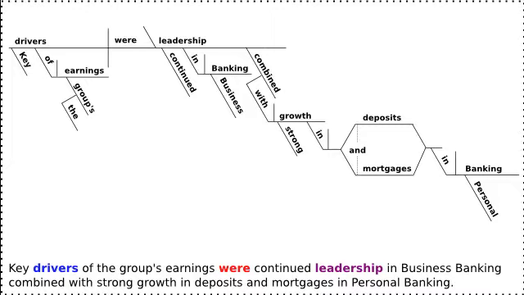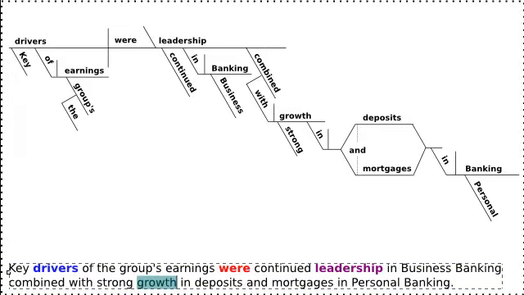Now, we pretty much identified the problem at the very beginning when we said that we have a plural subject, drivers, and a plural verb, were, but only one predicate noun, leadership. And I think it should be fairly obvious that the missing predicate noun is in fact growth.